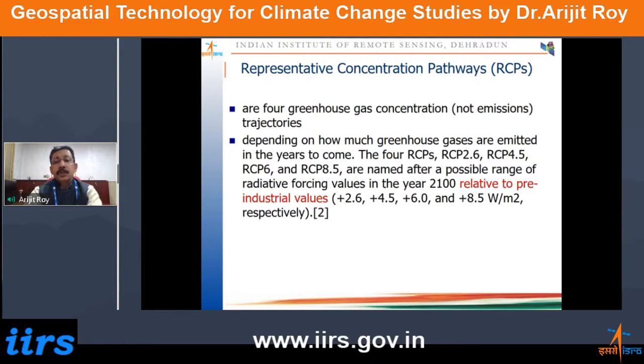And depending on how much greenhouse gases are emitted in the years to come, the 4 RCPs, that is RCP 2.6, 4.5, 6, and 8.5, are named after a possible range of radiative forcing values in the year 2100 relative to the pre-industrial values, which is the net effective radiative forcing is exceeded by 2.6 watts per meter square, 4.5 watts per meter square, 6.0 watts per meter square, and 8.5 watts per meter square, respectively, across the globe. It's basically an average.